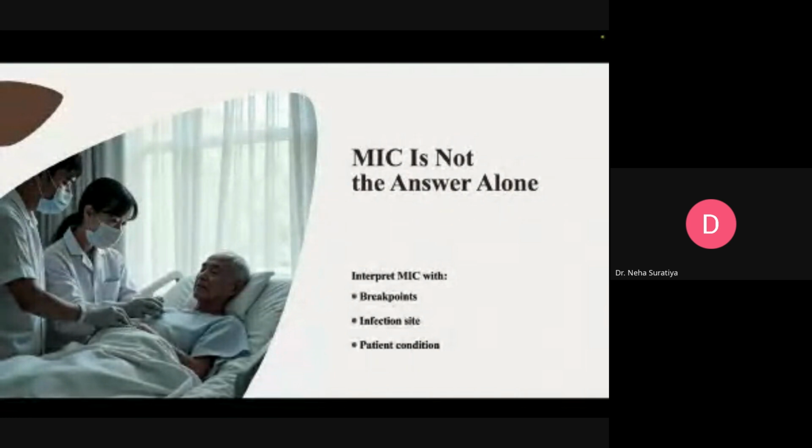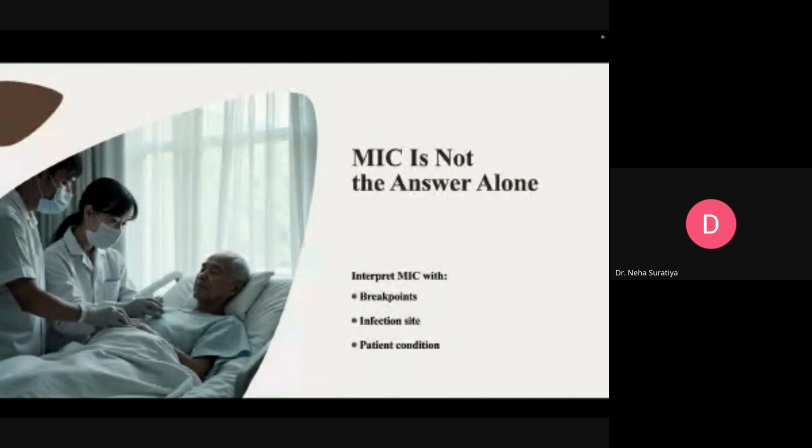If I show you only that the MIC for piperacillin tazobactam is 8, can you say whether it is appropriate for the patient? No, not at all. You must know the breakpoint, site, and patient condition altogether. So never interpret this MIC alone. Always correlate it with these things.